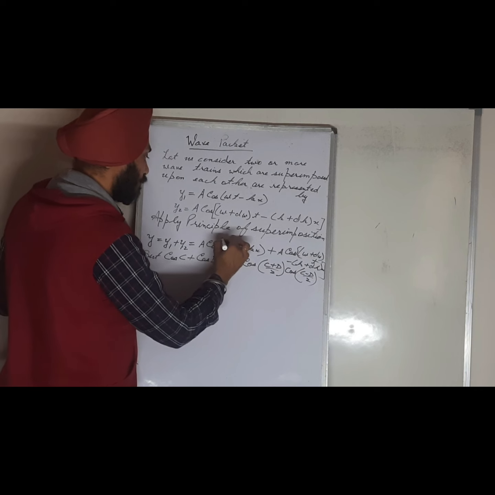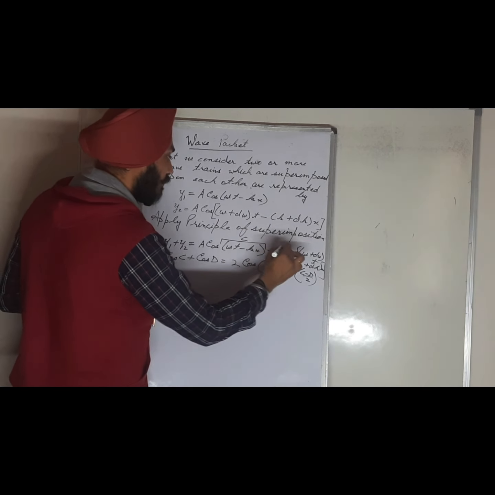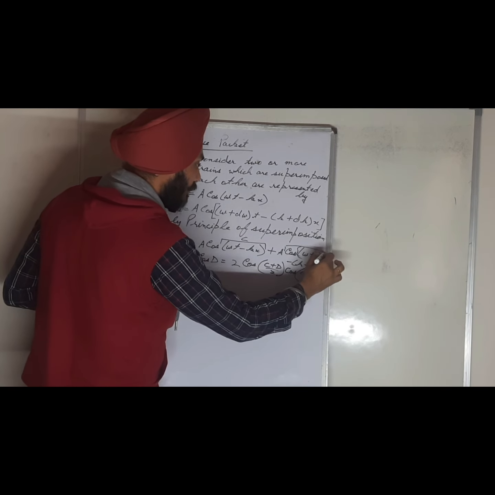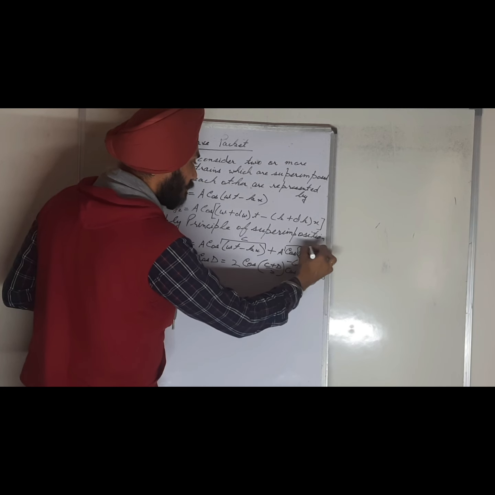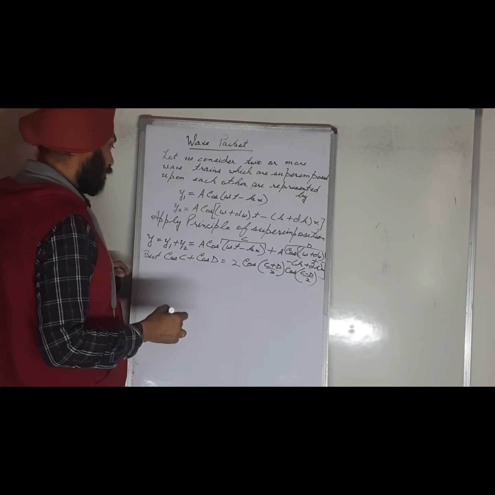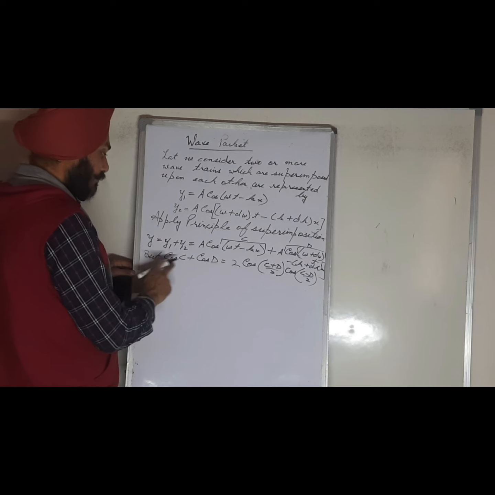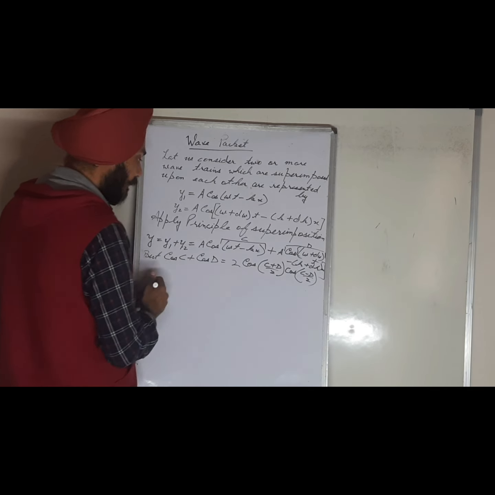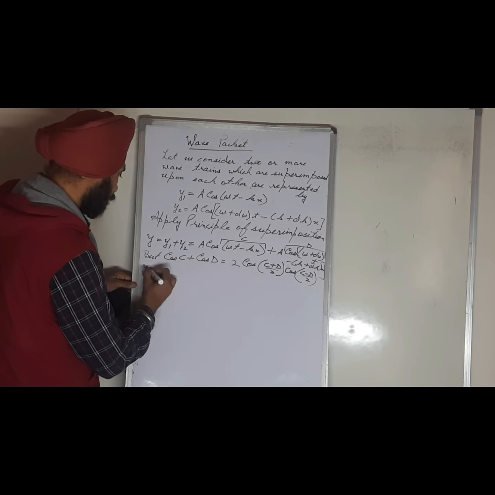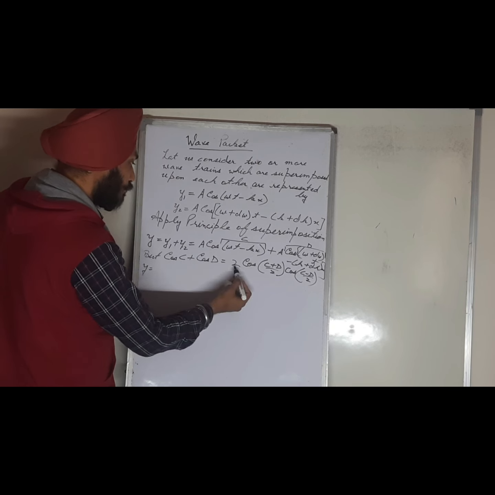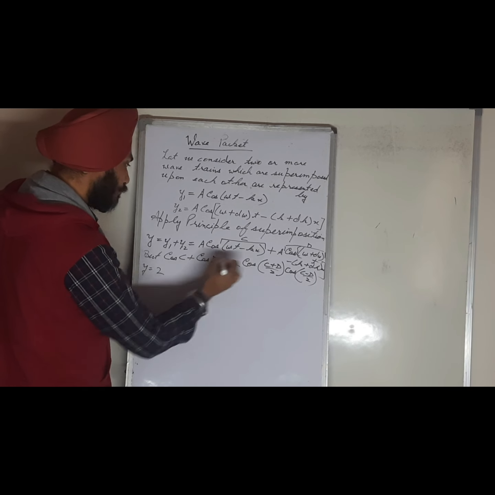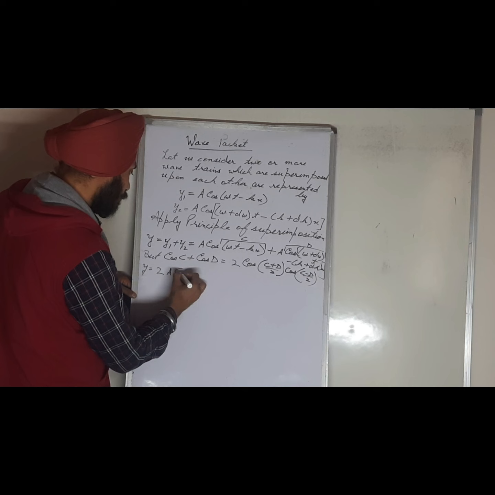So I just take this as C and this complete as D, right? So I put this formula here in this equation, and you will get y equal to 2a cos((C plus D) by 2).